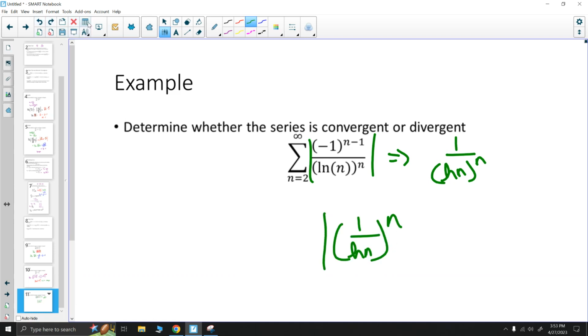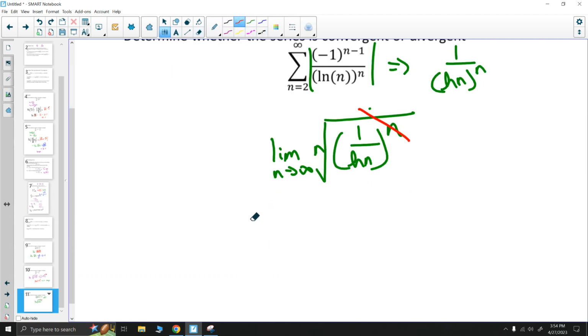All right, let's bring those back. Okay. And we're going to take the limit as n approaches infinity of the nth root of this thing here. This leads to canceling, and we get the limit as n approaches infinity of 1 over ln n.